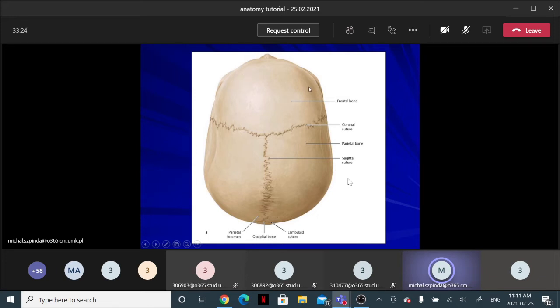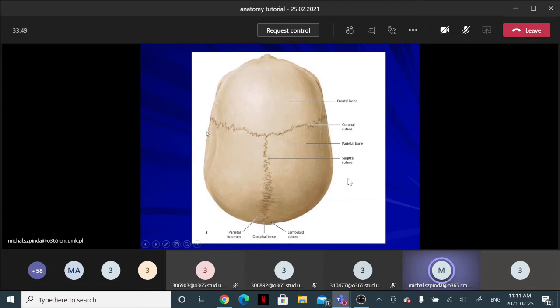Here in front, we have 2 frontal tubers, and posteriorly a much wider transverse distance between two parietal tubers.